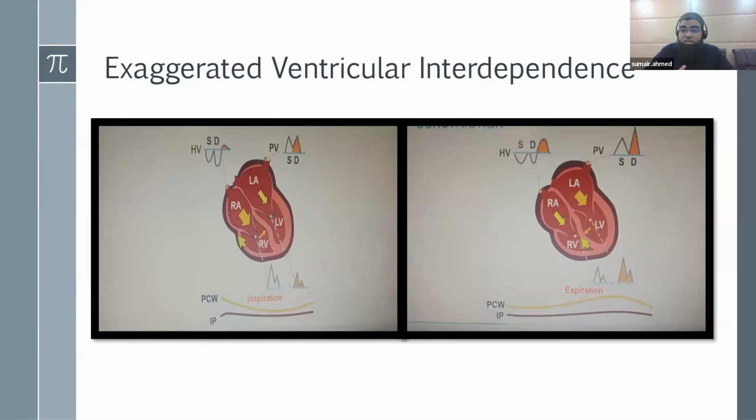But it becomes abnormal when exaggerated, causing an E velocity variation of 25 to 40% on the tricuspid valve. This becomes pathological, though ventricular interdependence may be present in other pathologies like pulmonary hypertension.